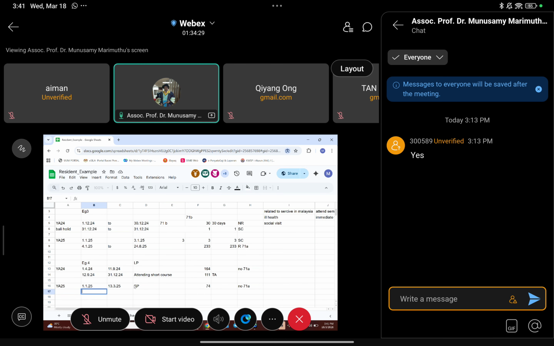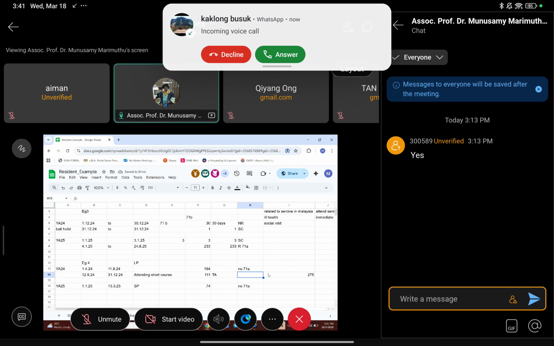So this is a shorter period. First of all, it's a link. And if you add these two, it's 275. So here definitely is not a resident.